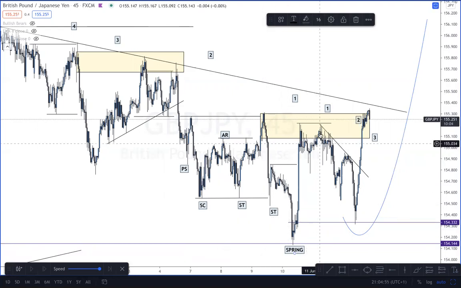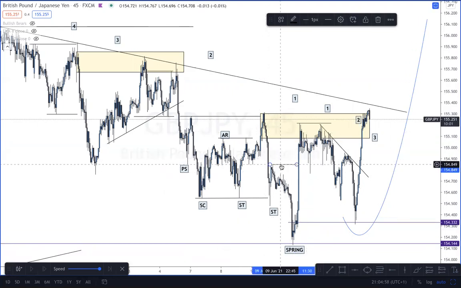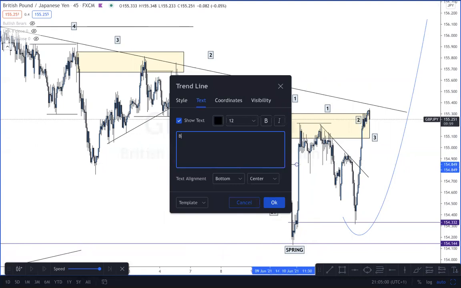We roll it up, and what happened? Nice clear break of market structure. We're going to label this POS.